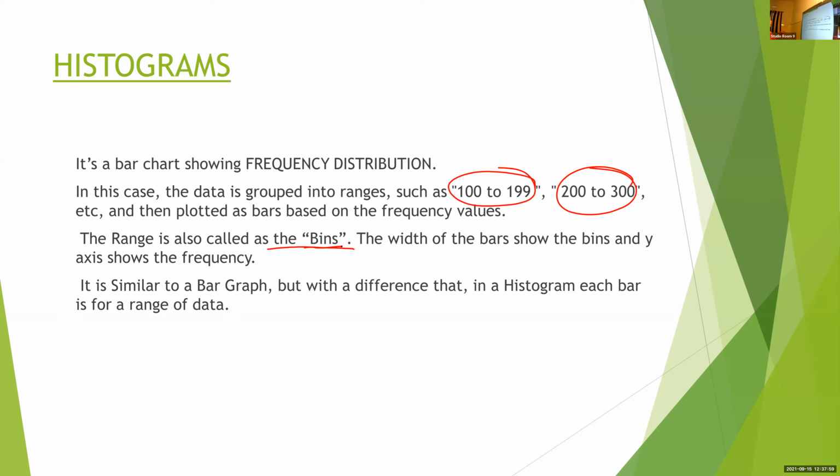It is similar to a bar chart, but with a difference that in a histogram, each bar is for a range of data. But in the case of a bar chart, we are not using a range of data, that is from one value to another value.